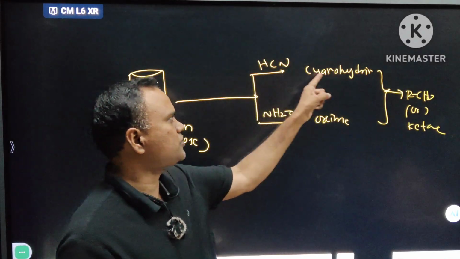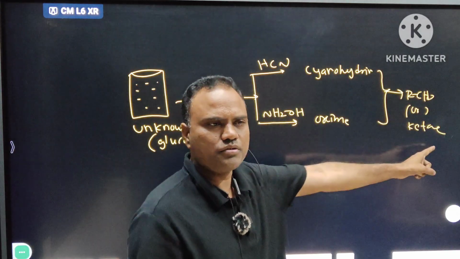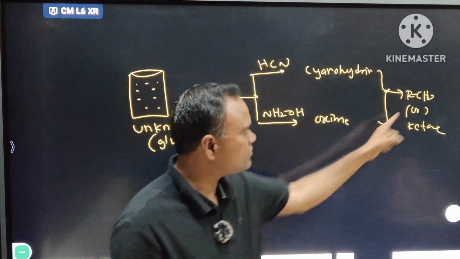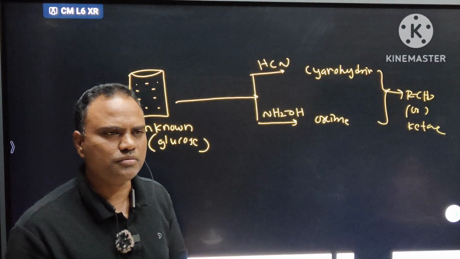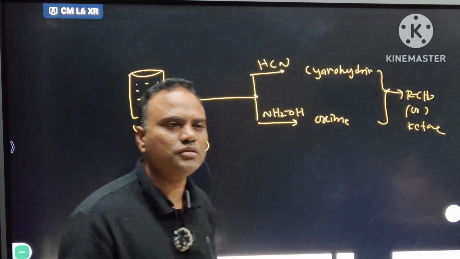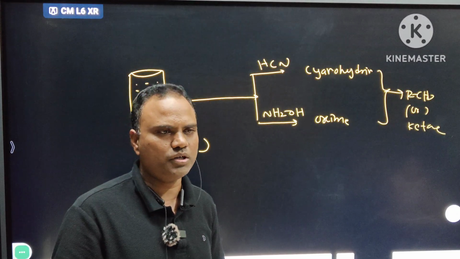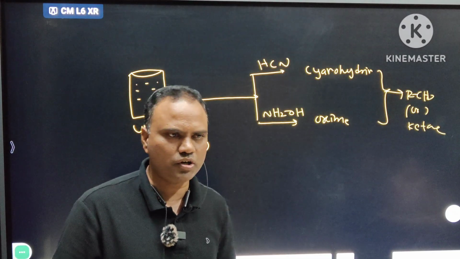When it is treated with HCN, it forms cyanohydrin, confirming presence of aldehyde or ketone. When it is treated with NH2OH, it gives oxime, confirming presence of aldehyde or ketone. Anything may be present. But how to confirm whether it is aldehyde or ketone? By treating with a mild oxidizing agent like bromine water. Clear? Confirmation is over for aldehyde.